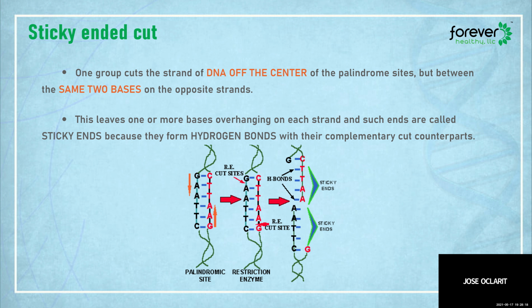So this leaves one base overhanging on its opposite strand. Such ends are called sticky ends because they form hydrogen bonds between the pairing of nucleotides. Remember that nucleotide pairs are held by hydrogen bonds, and these natural bonds make the DNA sticky to each other, because given a natural solution, if you put guanine in water, it will look for cytosine.